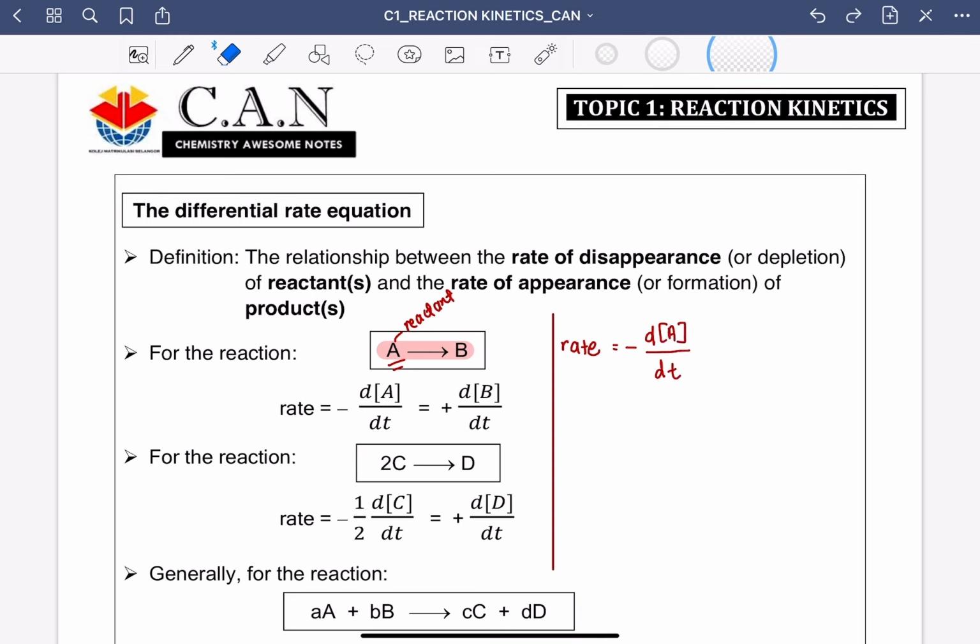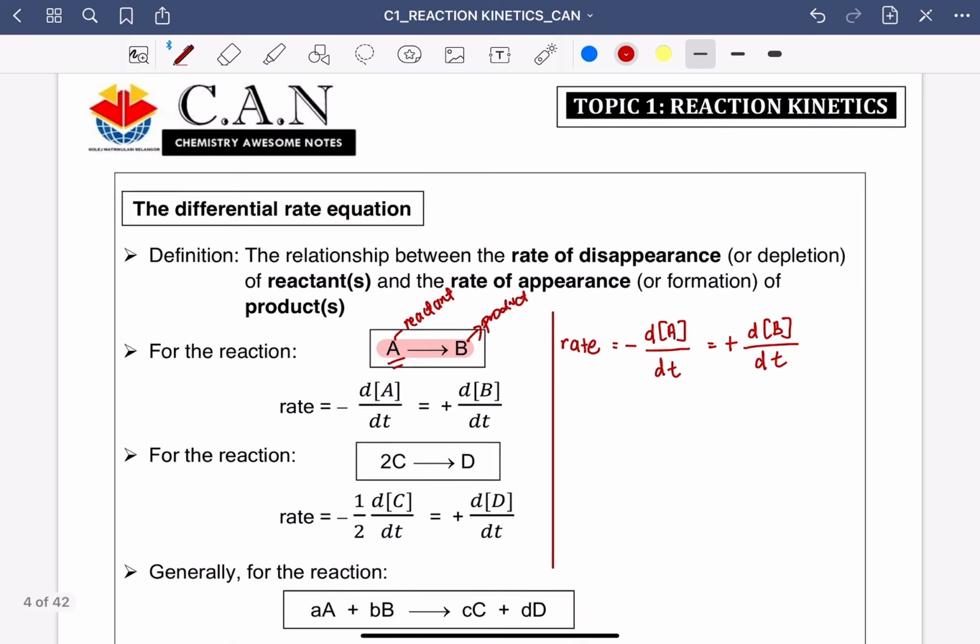And then equivalent to, now B is the product. Product is increasing. So if it's increasing, we have to write the symbol positive. So we differentiate the concentration and the time, and we are going to get the speed. Okay, so as you can see, it is the same thing here.